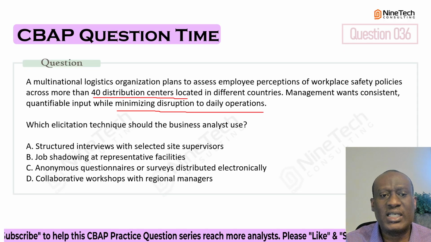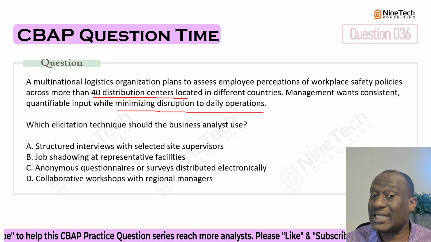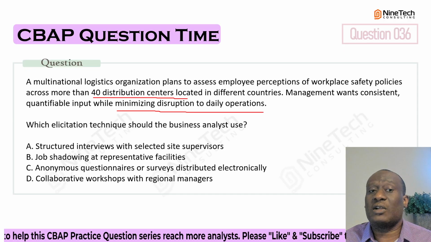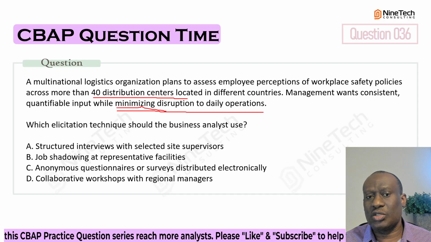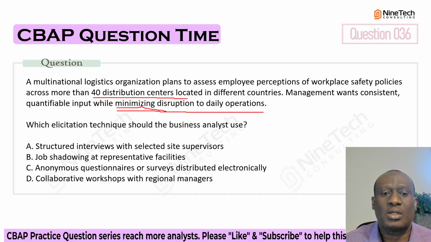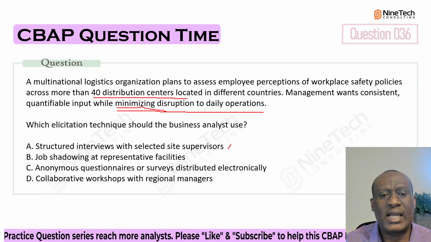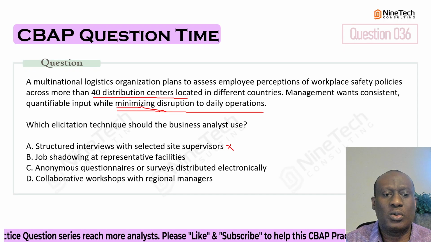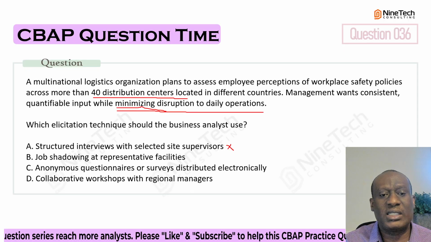A, structured interview with selected site supervisors. Because they are interviews, it means you have to take out from their operational time. And please take note, it says minimal disruption to the business operations. So for this, I would say no for now. Let's go on. Job shadowing at representative facilities.